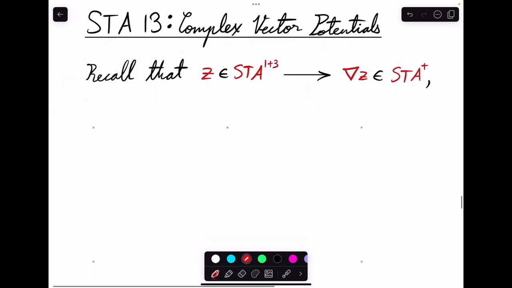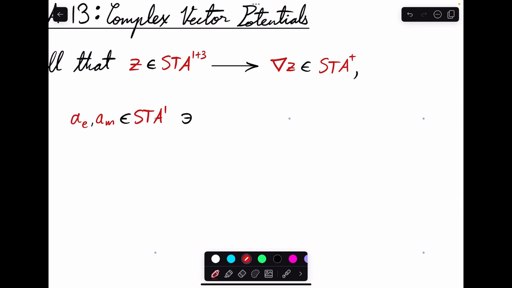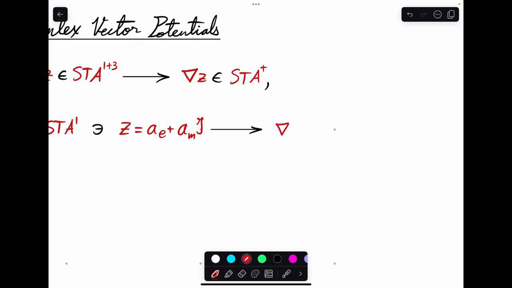So if we have AE and AM in STA 1, so they're vectors, such that Z is equal to AE plus AM I, then you have the gradient of Z, and you can break up each component.